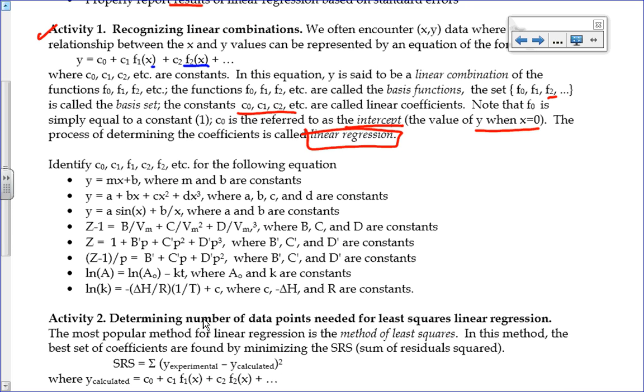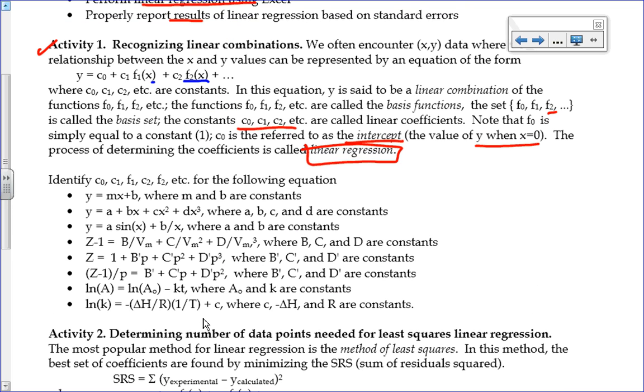So let's look at a few examples. Let's identify what we can call c0, c1, c2, and f0, f1, f2, and so on in these examples. So let's say y equals mx plus b. Okay, so I can write that in the form c0 plus c1x. So what's my c0? b, right? And what's my c1?